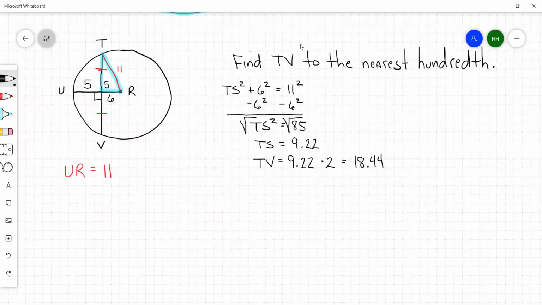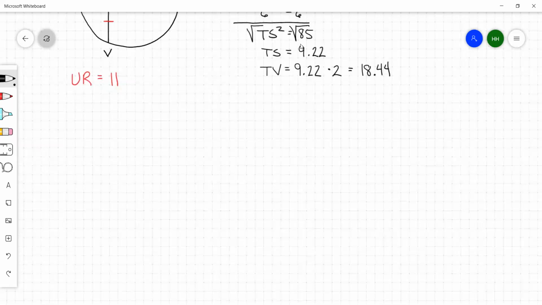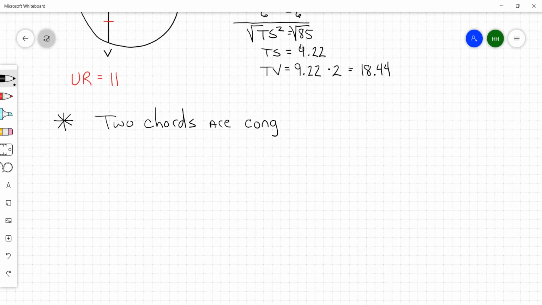All right, theorem 10.5 states that in the same circle or congruent circles, two chords are congruent if they are equidistant from the center.